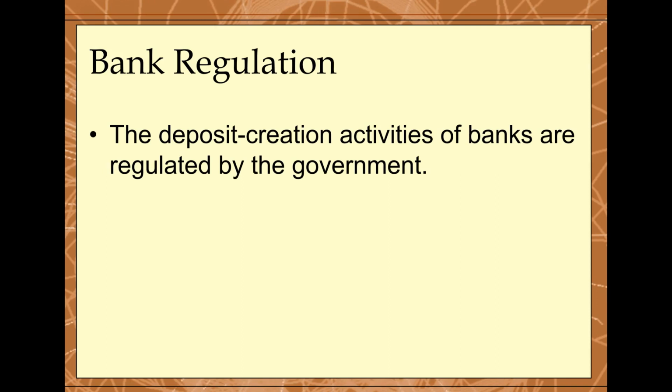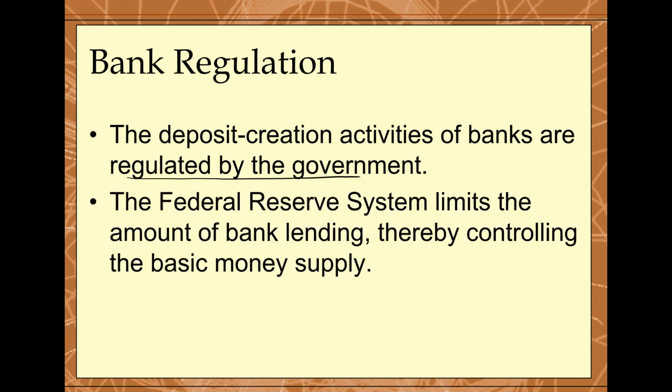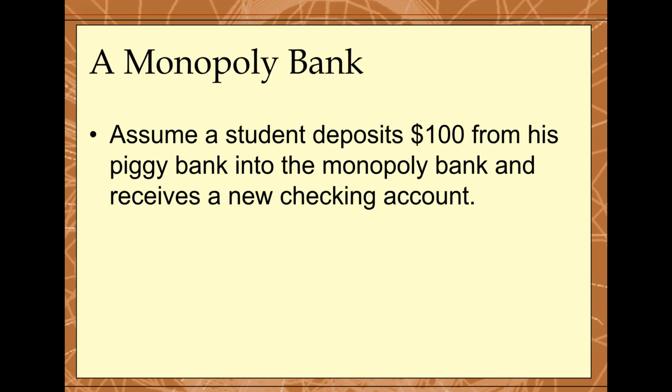So, because banks play such a critical role in the economy by creating money, deposit creation by banks is regulated by the government. And that government agency is the Federal Reserve. Let's go over a simple example. Assume a student deposits $100 of cash from his piggy bank into a bank.